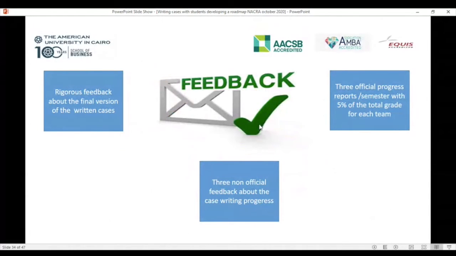Another thing is that the instructor has to provide rigorous feedback about the final version of the written case. There are 3 official progress reports per semester, which represent 5% of the total grade, and there are 3 non-official feedback sessions about case writing progress.